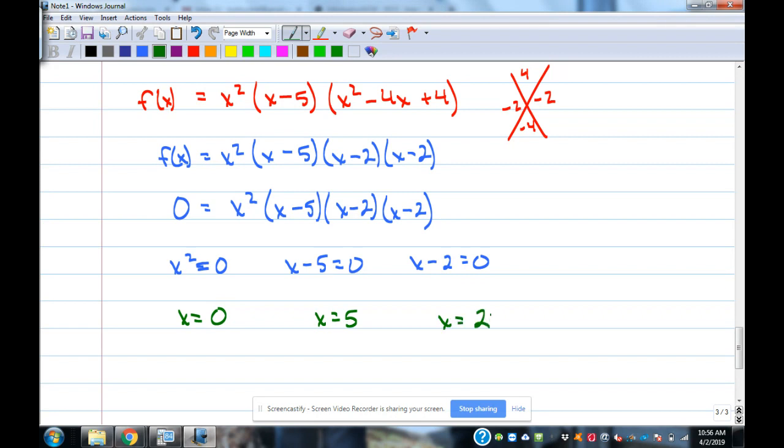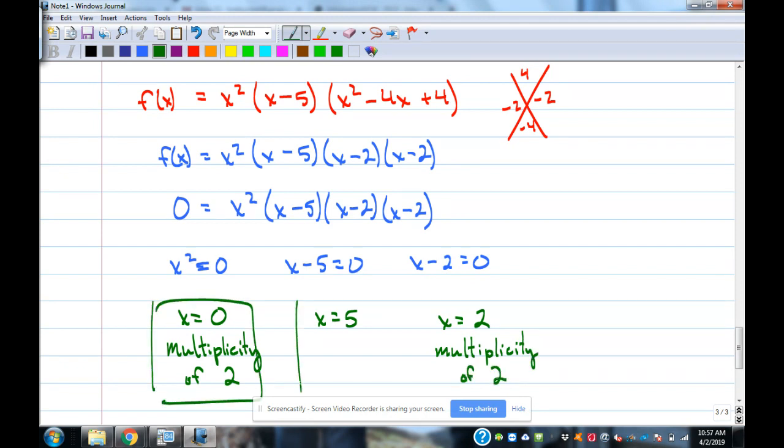The difference is going to be that 0 has what's called a multiplicity of 2. And x minus 2, that factor appeared twice, right? So it has a multiplicity of 2. We have 3 different answers. The 0 has a multiplicity of 2 because it came from x squared, right? The 2 has a multiplicity of 2 because how many times did it happen?